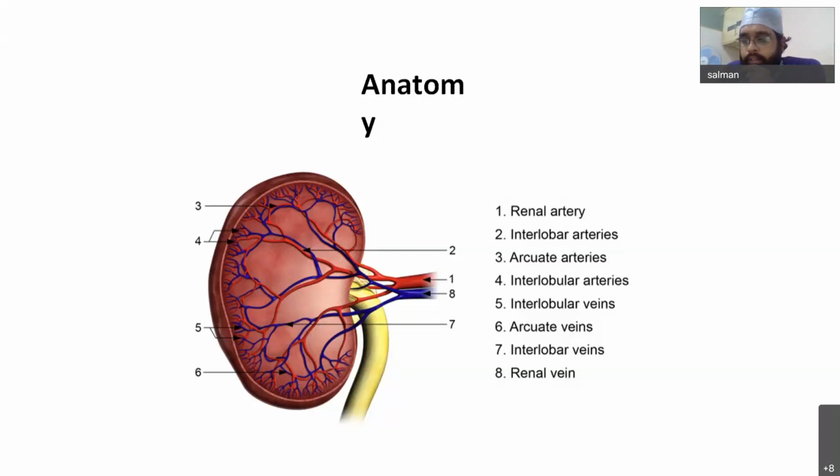And during ascent, they are supplied by multiple transitory vessels, which all originate from the aorta, and most of them disappear, and the renal arteries persist from the lumbar regions. So this can be one of the causes for persistent renal arteries. And this will be dealt with later on by my colleague in her class, which is on developmental abnormalities.